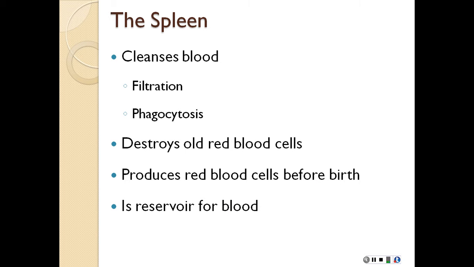The spleen also has lymphocytes, which makes it similar to the lymph nodes in some ways. One of the primary functions, though, that we talked about before, remember that old red blood cells, when they are no longer functioning, are going to be sent to the spleen where they're destroyed and broken down. So for that reason, the spleen is called a graveyard for red blood cells, and also it's referred to as a reservoir for blood.